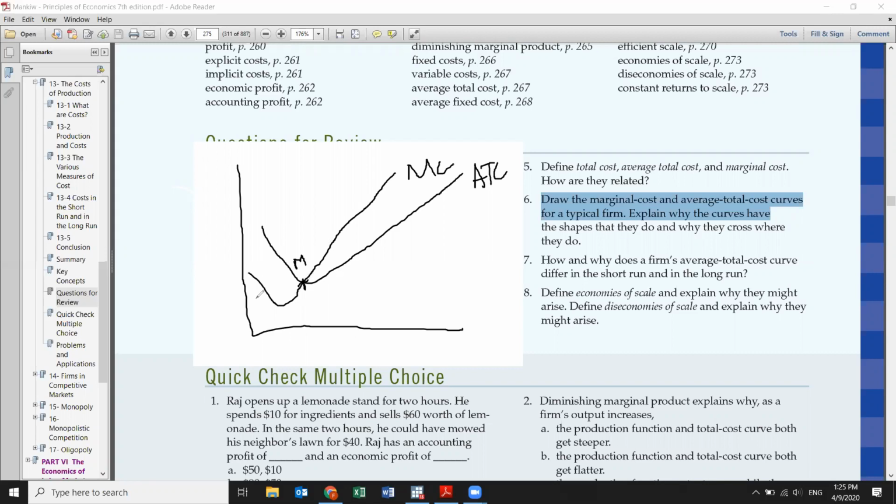So if the marginal cost is below this curve, we can say that average total cost is going down. If marginal cost is above the average total cost, then the average total cost starts increasing. This is the relationship between these two curves for a typical firm.